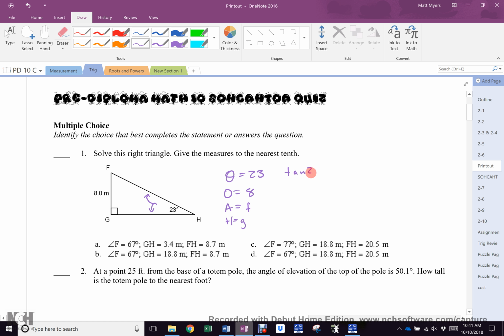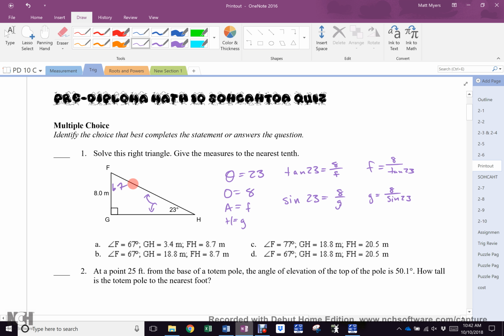Tan 23 equals 8 over little f. Sine 23 equals 8 over little g. So little f equals 8 divided by tan 23, and little g equals 8 divided by sine 23. And of course you know that this angle is 67.